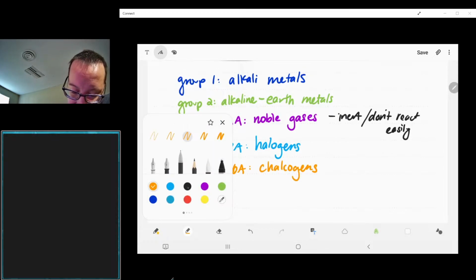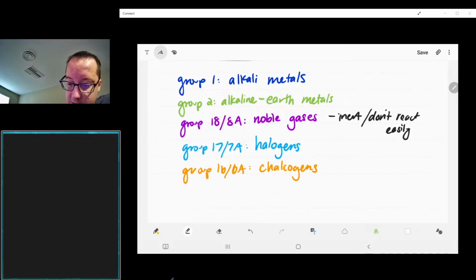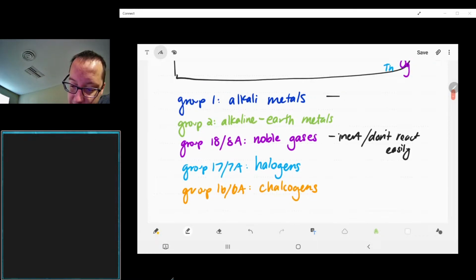What's important to note about all of these is that all of our alkali metals are going to have electron configurations that end in s1. For our alkaline earth metals, those are going to end in s2. For our noble gases, they end in p6.